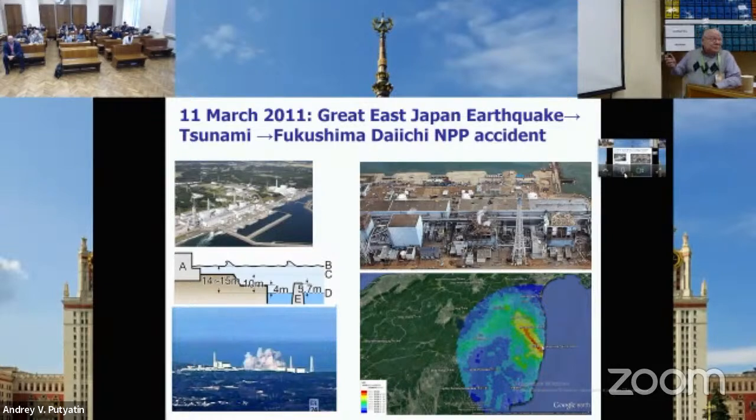But it is important that during these 4 days of release, the wind was mostly directed to the Pacific Ocean. Therefore, 80% of the radioactivity released as a result of the Fukushima Daiichi accident was transported to the Pacific Ocean, deposited there, and diluted.